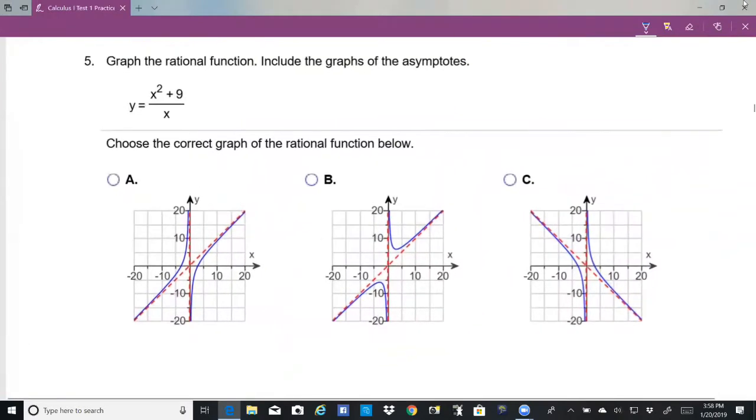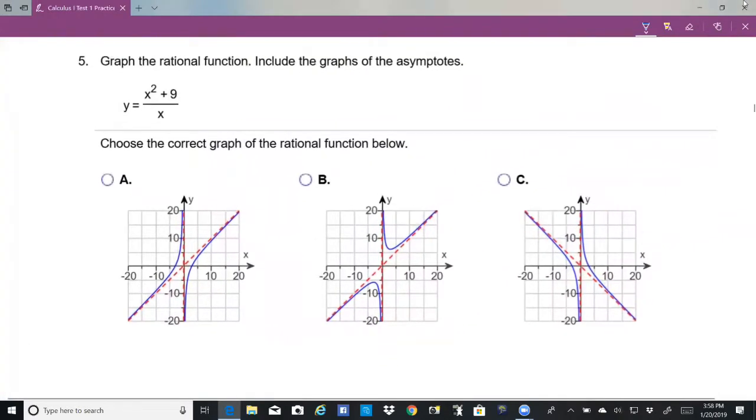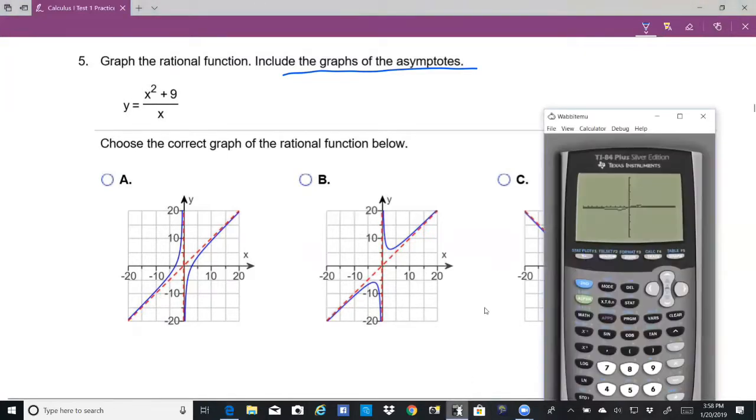Now we want to graph this rational function and find the asymptotes, or graph the asymptotes. We're going to put this in our calculator. So I'll bring up the calculator.